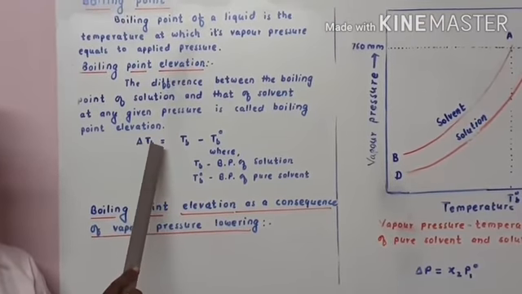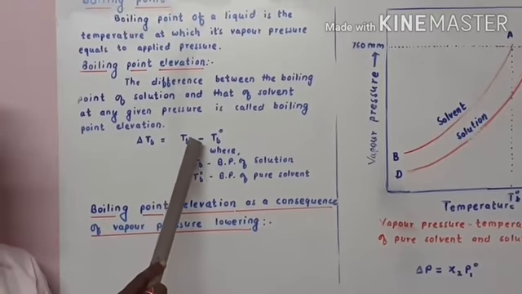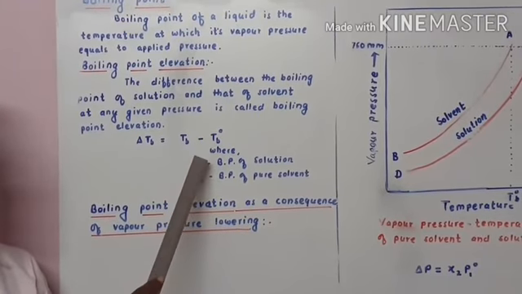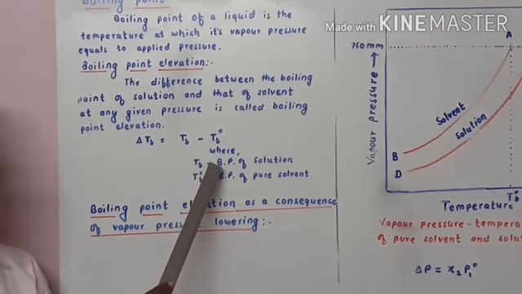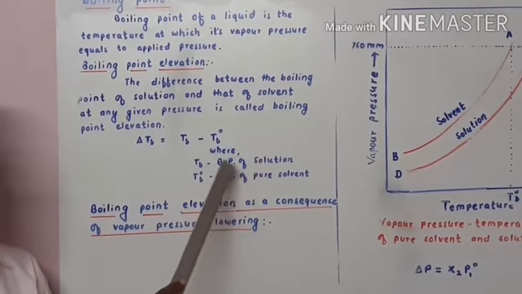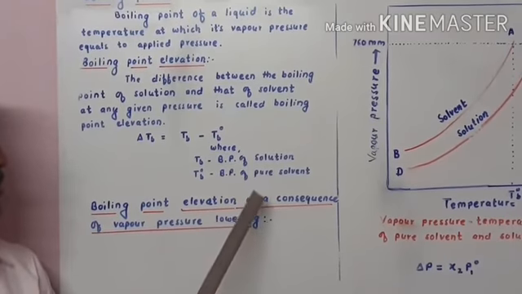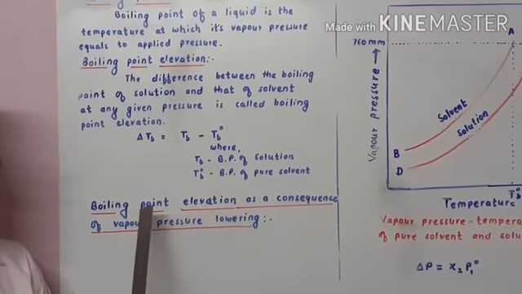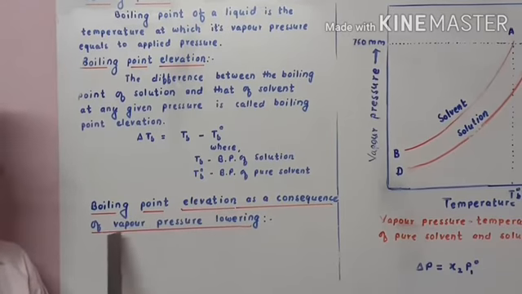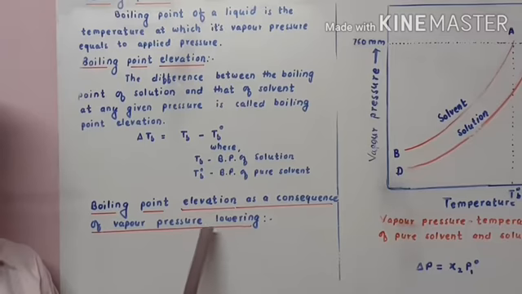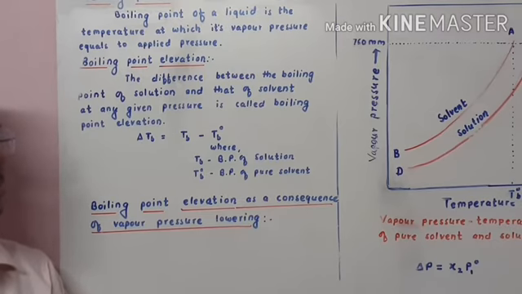So delta Tb is equal to Tb minus T0b, where Tb is the boiling point of the solution and T0b is the boiling point of the pure solvent. Now we have to study boiling point elevation as a consequence of vapor pressure lowering. To understand this concept, let us compare the vapor pressure of the solution and the solvent.